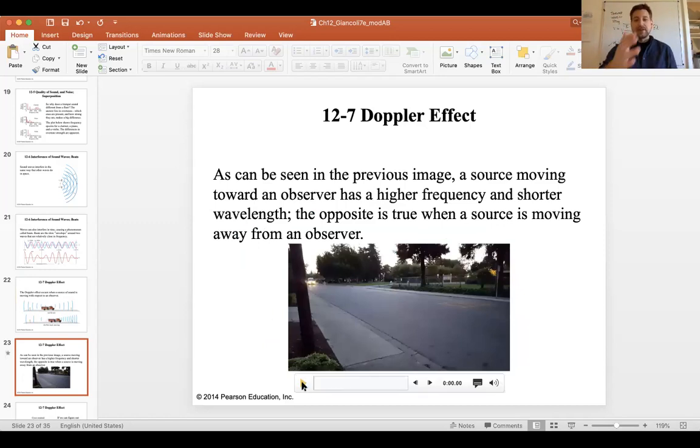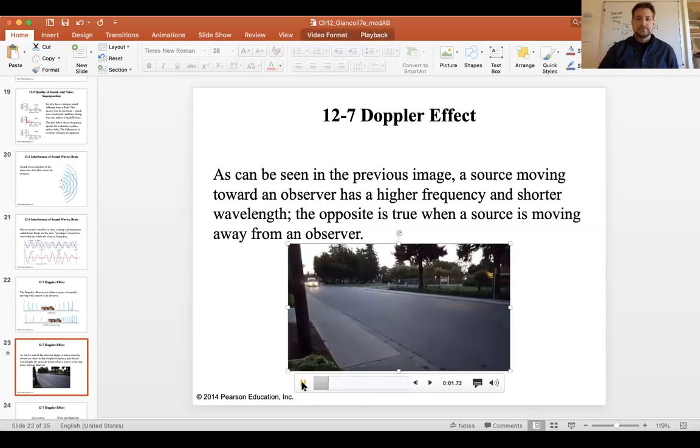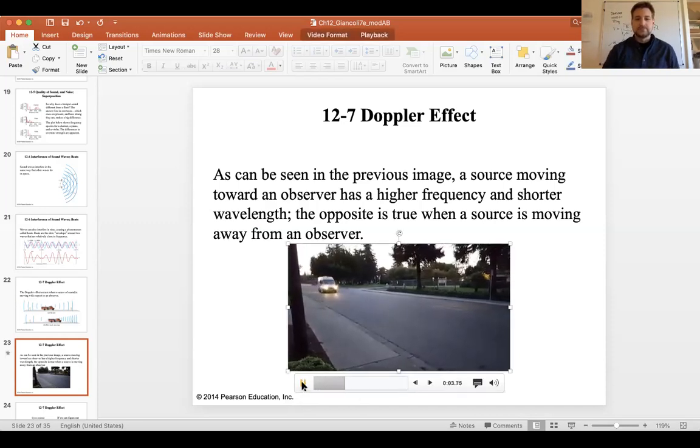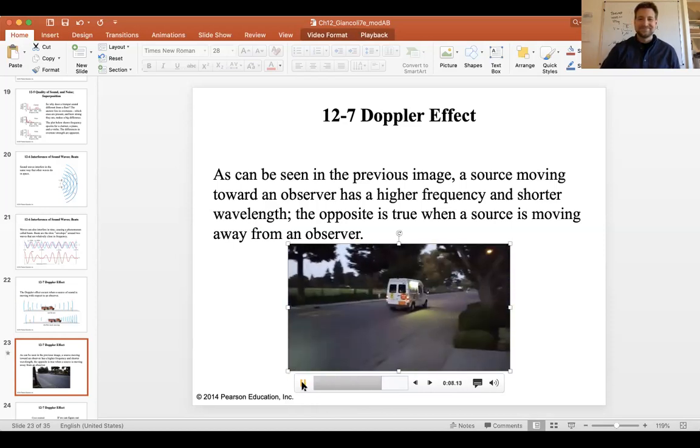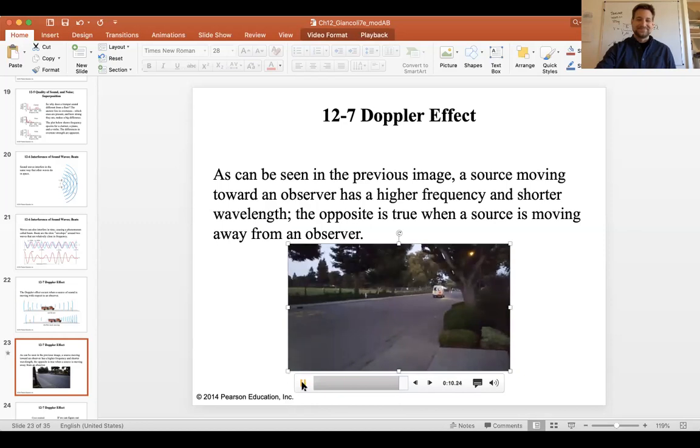As the ice cream truck passes us, we can hear that the apparent pitch decreases because it's moving away and those wavefronts are getting farther apart. Where the whole song just sort of melts down to a lower note.